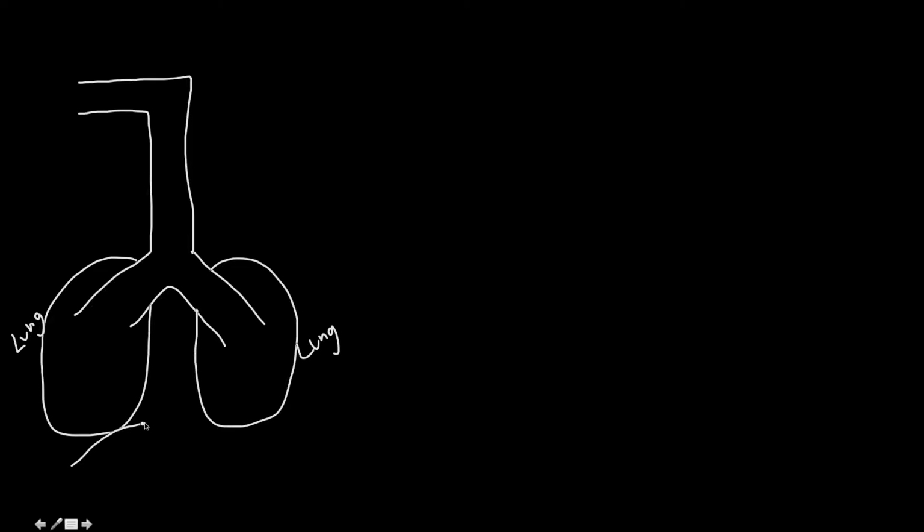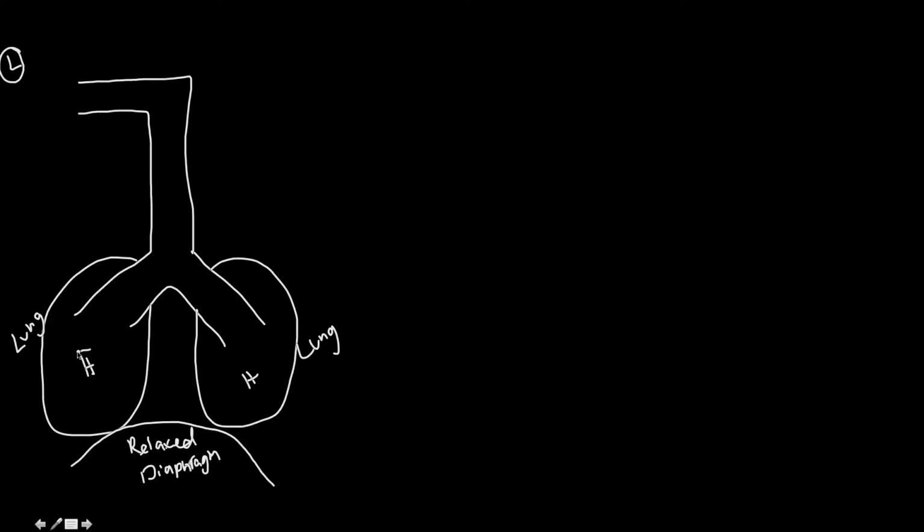So when the diaphragm is relaxed, it's actually pushed upward. So I'm going to put relaxed diaphragm. So when the diaphragm is relaxed, it creates high pressure on the inside of the lungs. And this is higher pressure than the outside of the body, so we'd say this is low pressure out here.